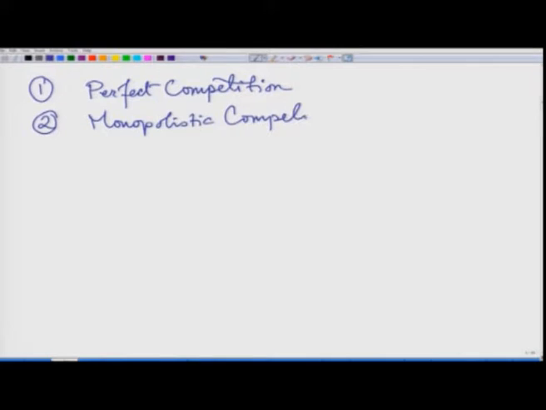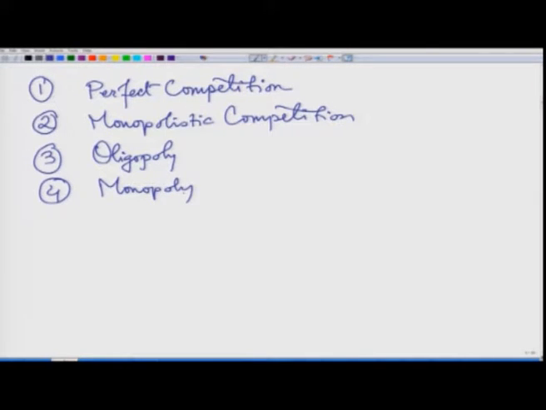Third, oligopoly. And fourth, monopoly. So these are the basic four market structures.